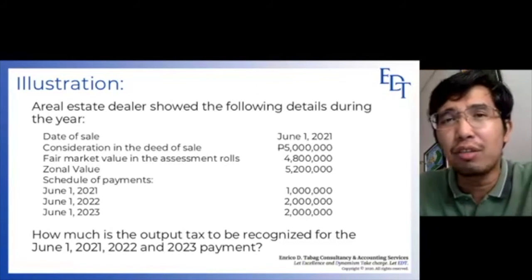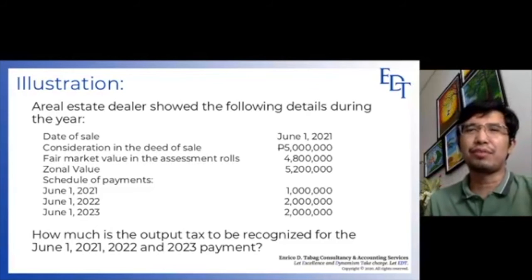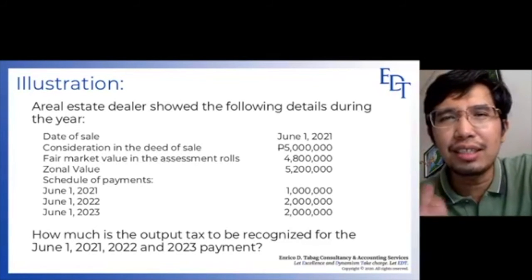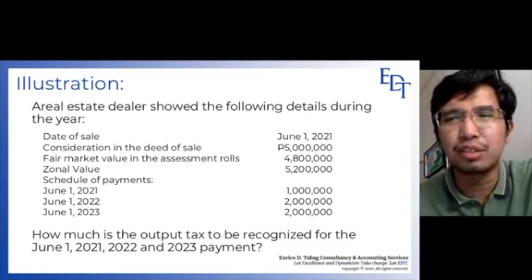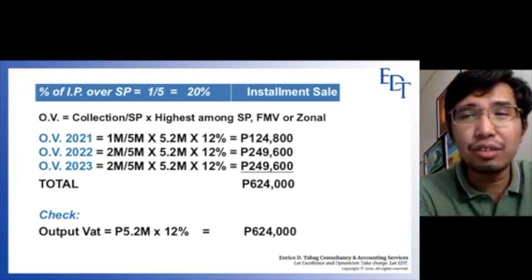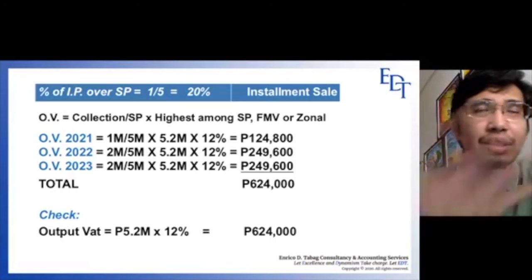You were given only one amount and that is 1 million. So, yun na yung initial payment mo for 2021. So, i-divide mo yung 1 million na initial payment over selling price. So, 1 over 5. If we do that, ang ratio, as you can see in your screen, is 20%. At di ba sabi natin, pag 20%, so hindi siya lagpas sa 25%.